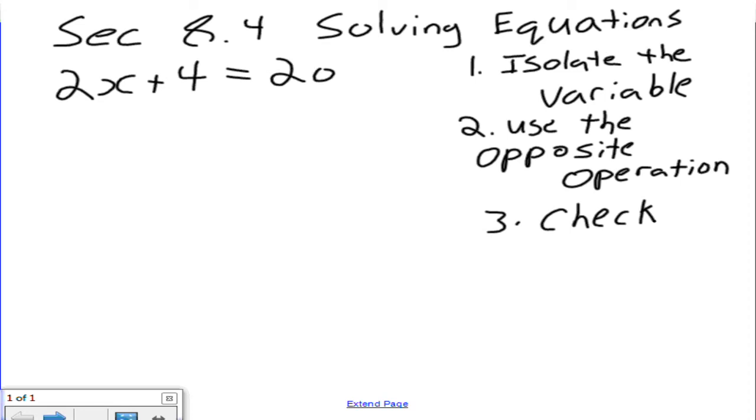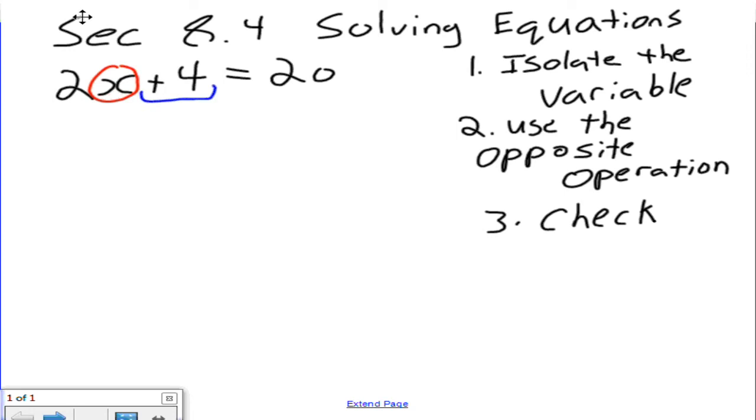I want to isolate my variable, so I'm going to begin by getting rid of my plus 4.